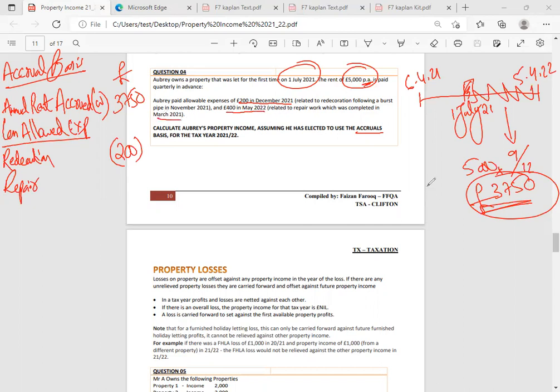This expense was paid in May, but the expense relates to March. Which basis are we using? Accrual basis. So what do you think? Should I take this 400 or leave this 400 as an allowable expense?